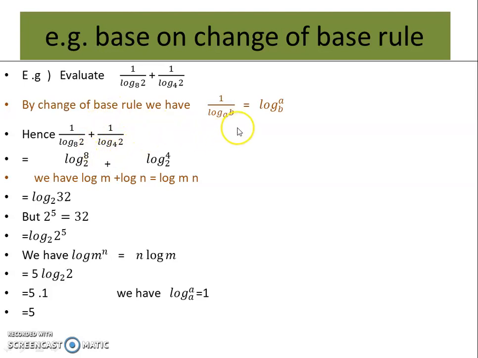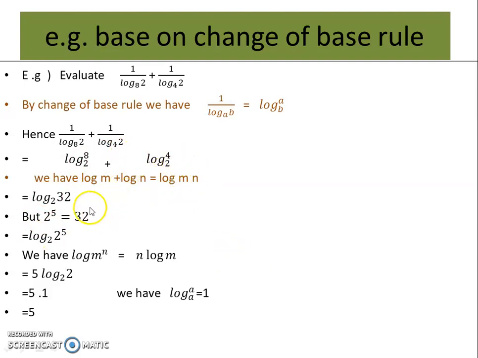Here also the same rule is applicable. If the base is the same and the log terms are in addition, we have the law of logarithm: log m plus log n is equal to log of m into n. Comparing with this step, m is equal to 8, n is equal to 4.